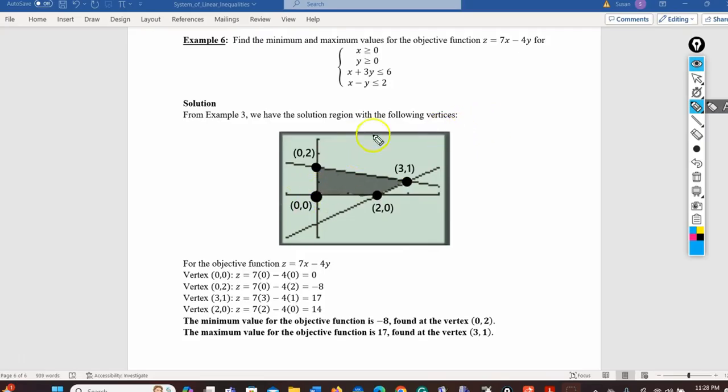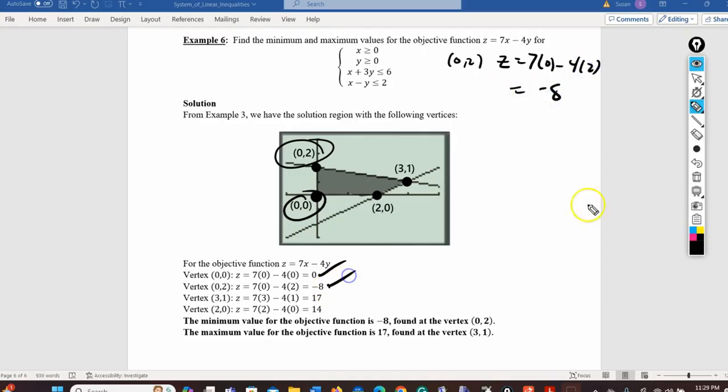So again, I'm going to start at 0, 0. So my objective function is going to be 7 times 0 minus 4 times 0, which is 0. And my next one is going to be that. So my objective function is going to be 7 times 0 minus 4 times 2. So that's going to give me -8.